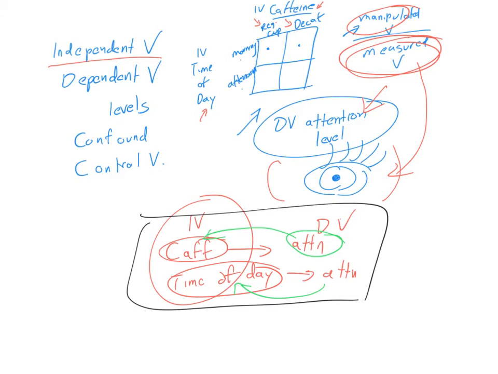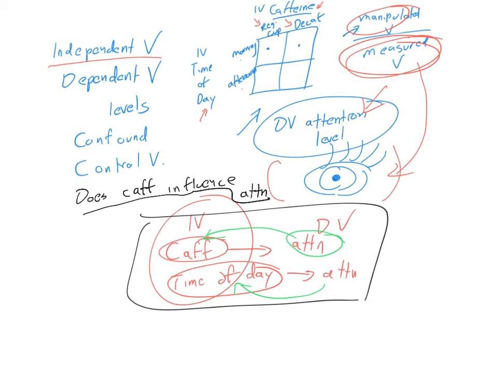But mostly I would say read the example carefully. See what they think is causing what. Does caffeine influence attention? Okay, so it's getting crowded here, but does caffeine influence attention?